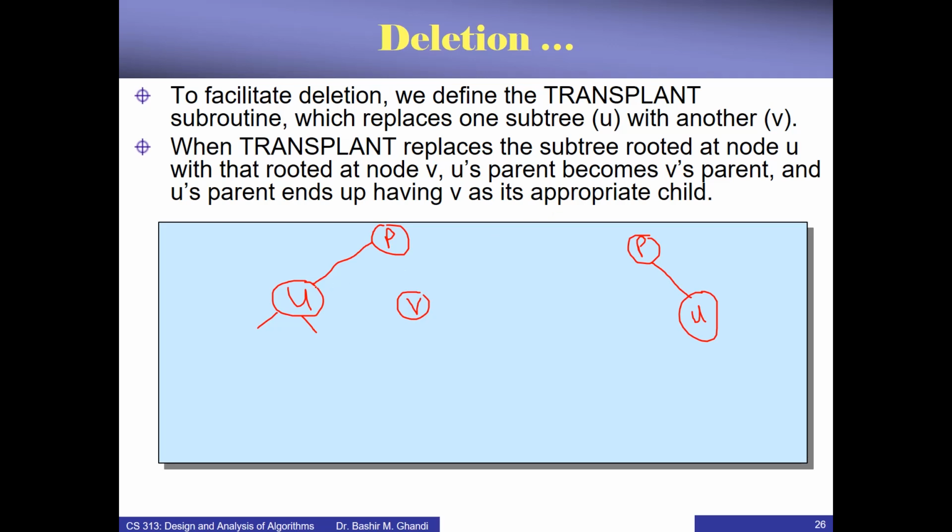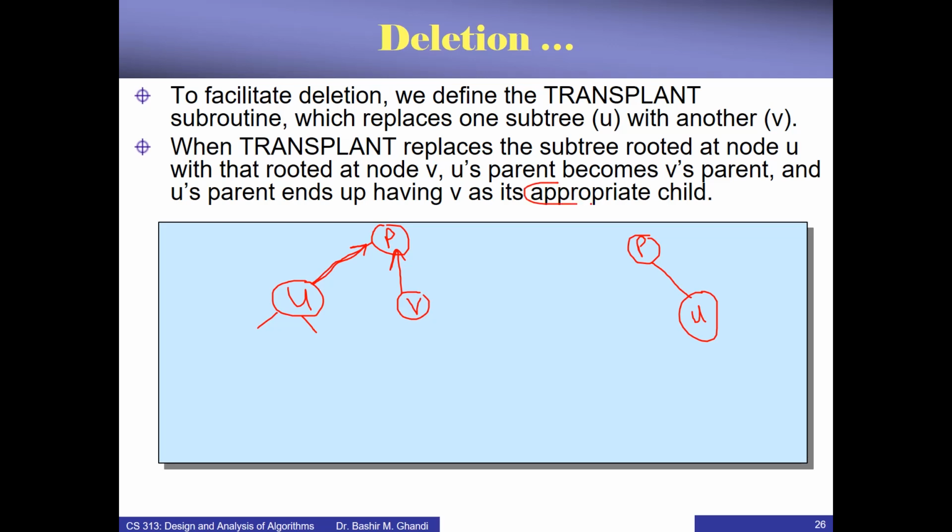So this is the pointer going to the parent: the parent pointer of V will go to the parent of U. And similarly, U's parent ends up having V as the appropriate child. This is where the two cases differ.